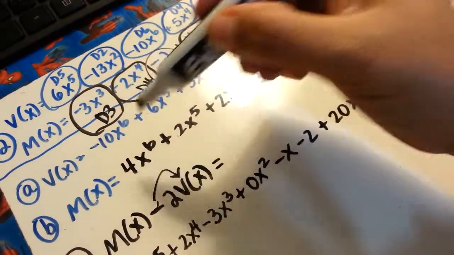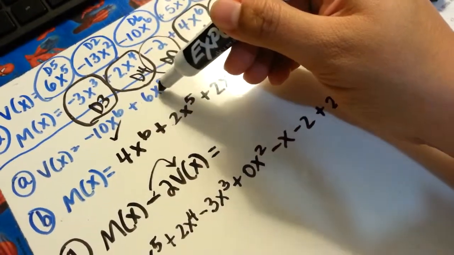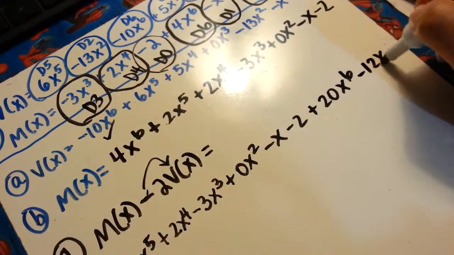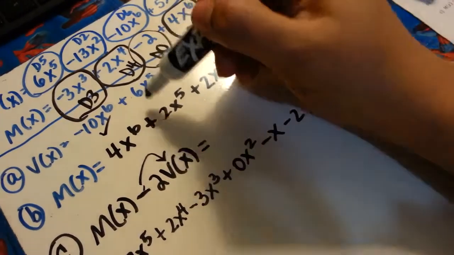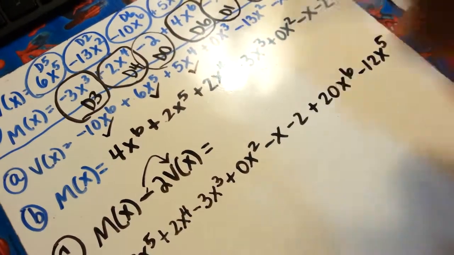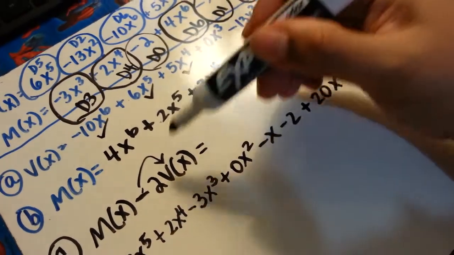Negative 2 times this one is negative 12x to the 5th. Negative 2 times the next term is a negative 10x to the 4th.